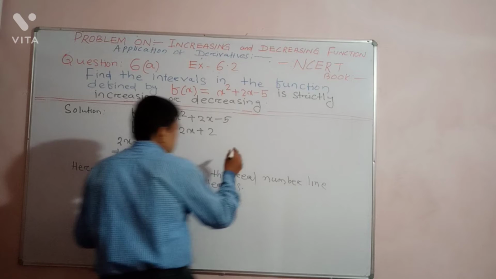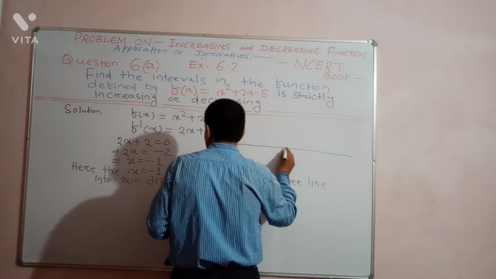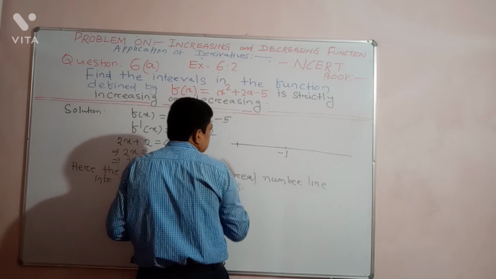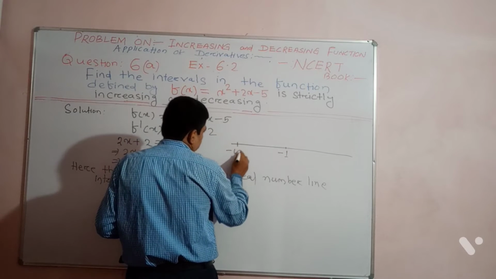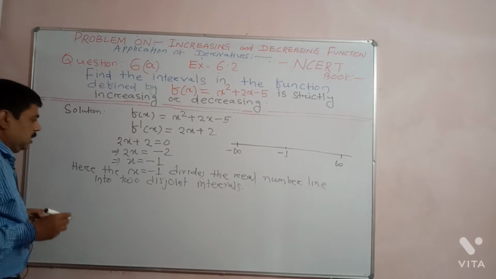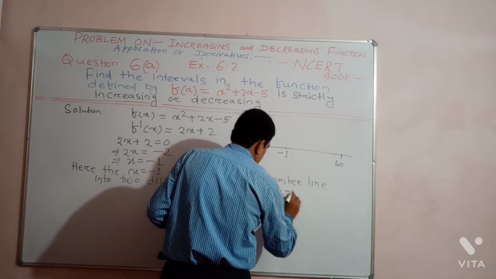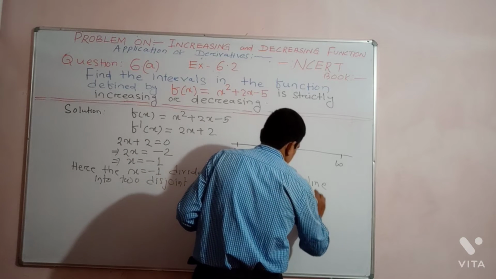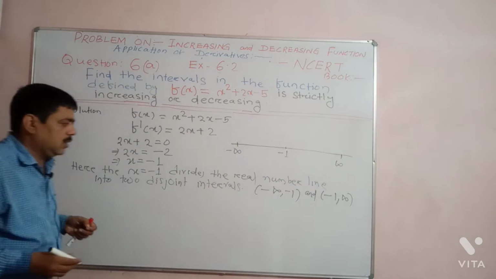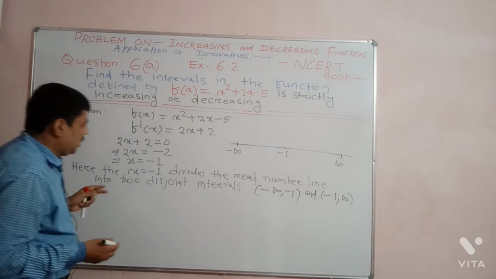This is the real number line and this is the value -1. It is divided into two disjoint intervals: one is minus infinity to -1, and another is -1 to infinity. Two intervals we are getting.